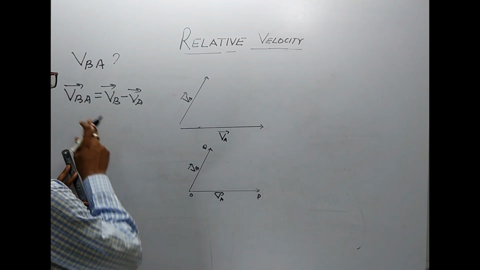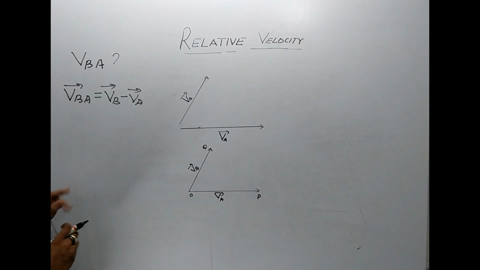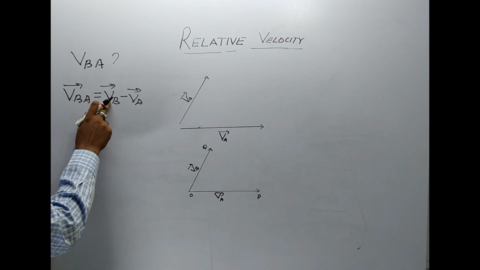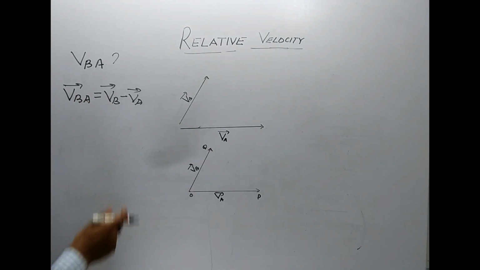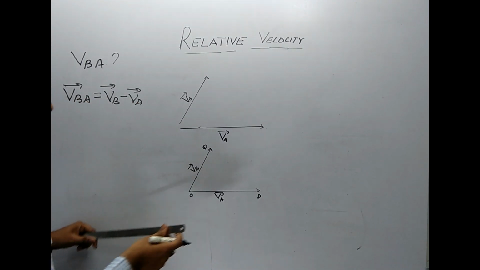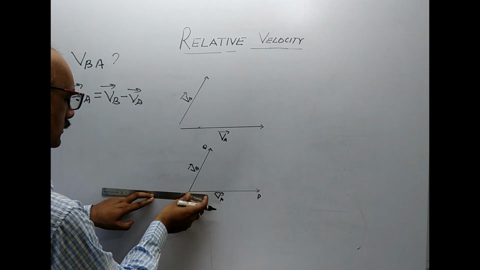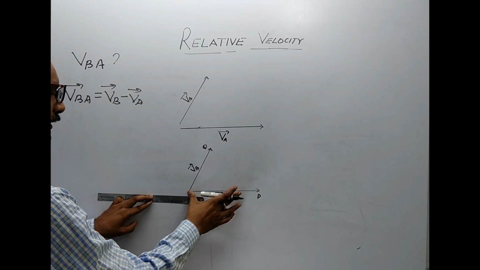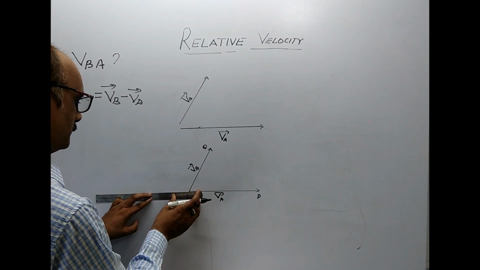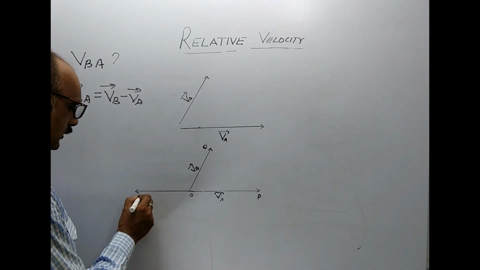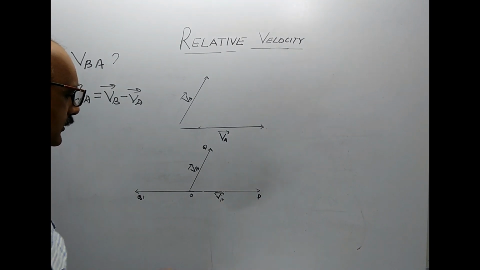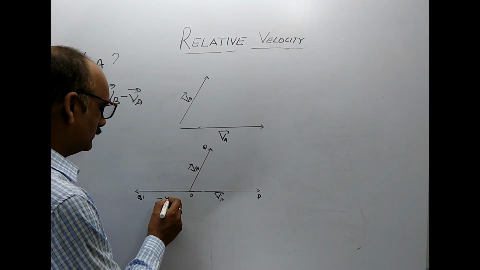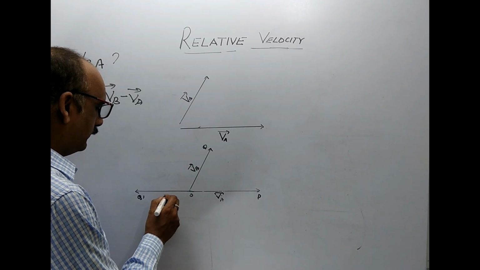Now we have to calculate vector VBA equals vector VB minus vector VA. To get minus VA, draw a vector whose magnitude is equal to the vector VA and direction is just opposite to it. This is OQ dash representing minus vector VA.